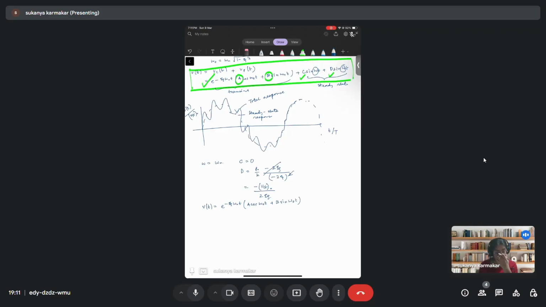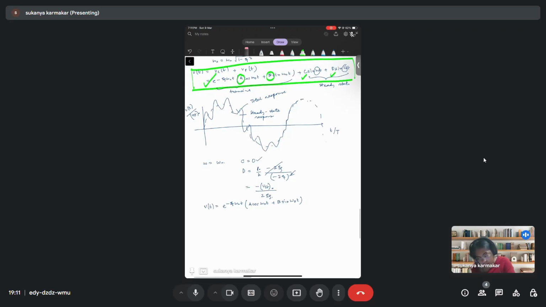Now omega is equal to omega n, c is 0, and d is equal to this quantity, minus u st naught by 2 zeta sine of omega t.